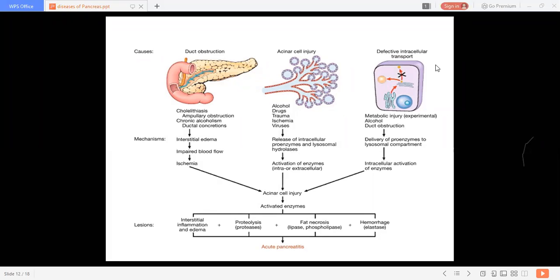And metabolic conditions, which we just discussed: alcohol, hyperlipidemia, hypercalcemia.